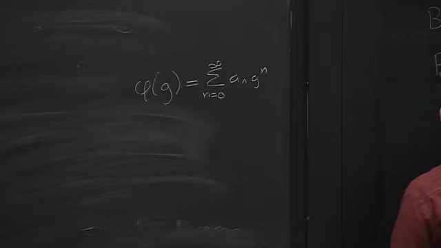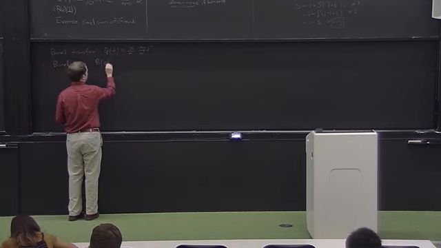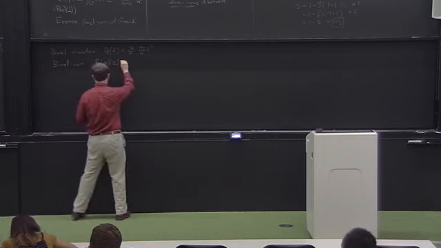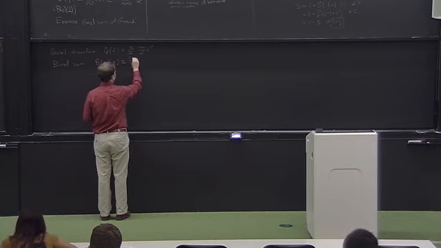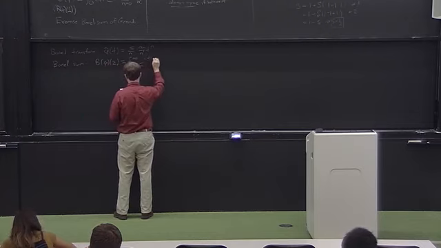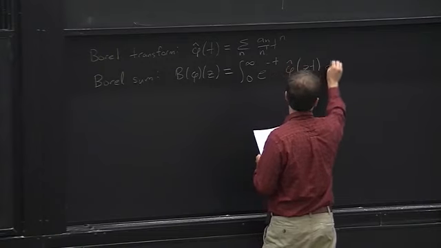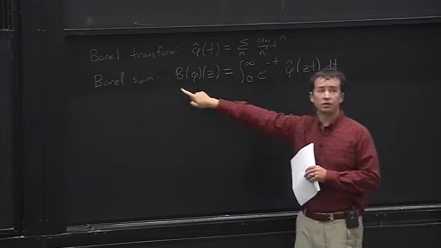And the Borel sum, in the general case, is the integral of e to the minus t of phi hat of zt, which is just the same as what we had before.